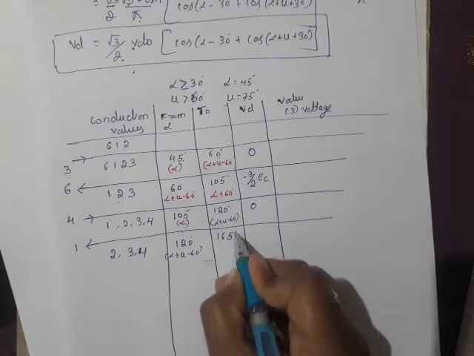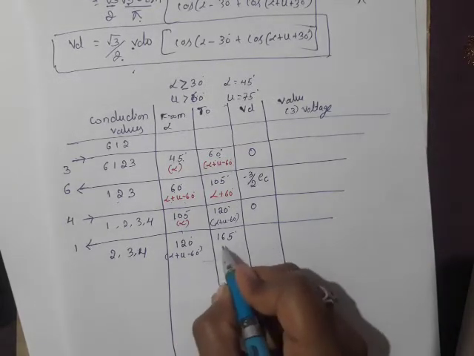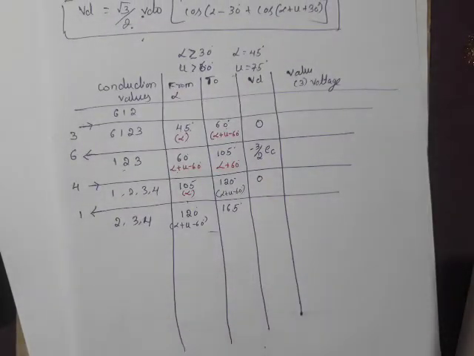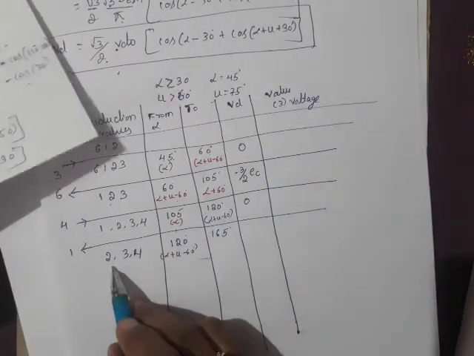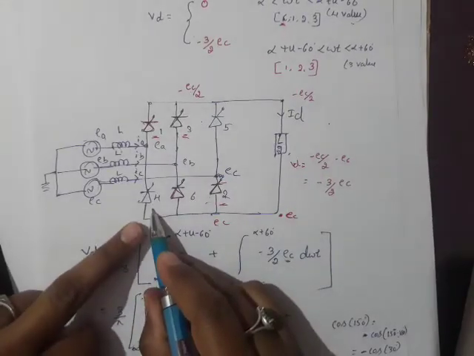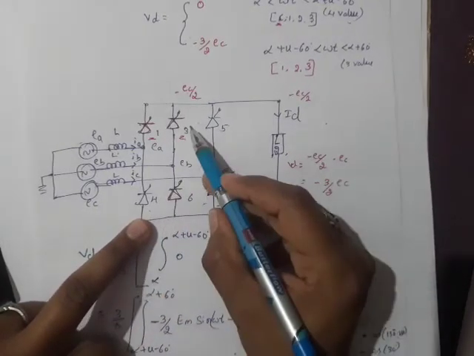So 165. So what is the output voltage? That we need to analyze. Where is the circuit? Here it is. Which valves are conducting? 2, 3, 4. So valve number 2 is conducting, valve number 4 is conducting, and here 3 is conducting.